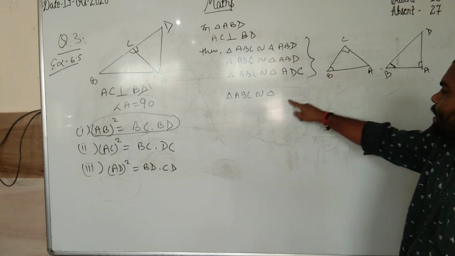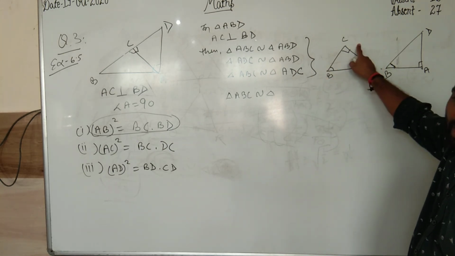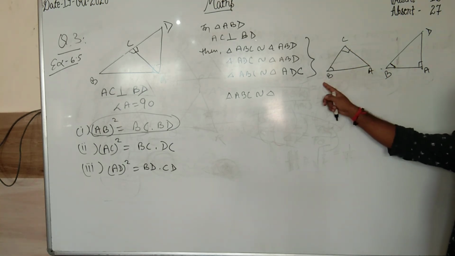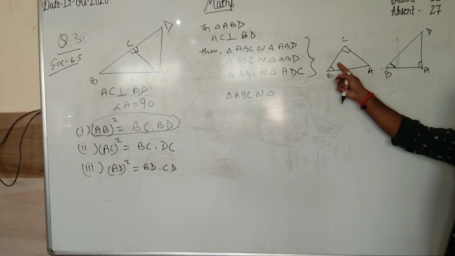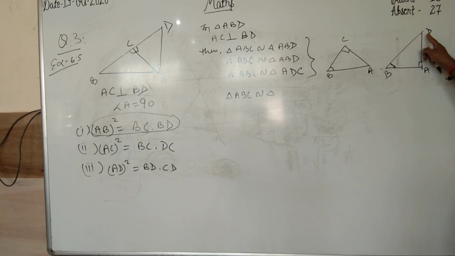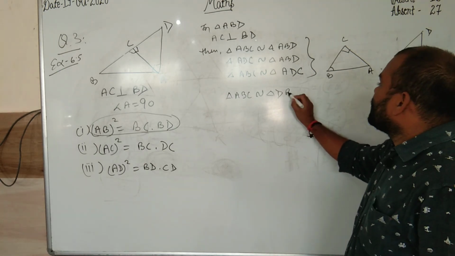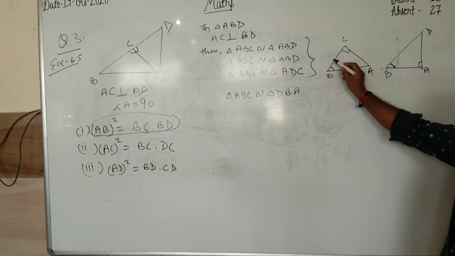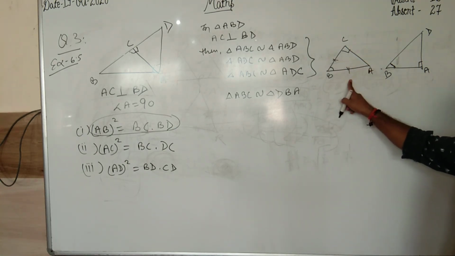So we are taking the name as ABC, means A is the third angle, then B, which is common, and then 90 degree. So corresponding to the third angle is D, then BA. So DBA.